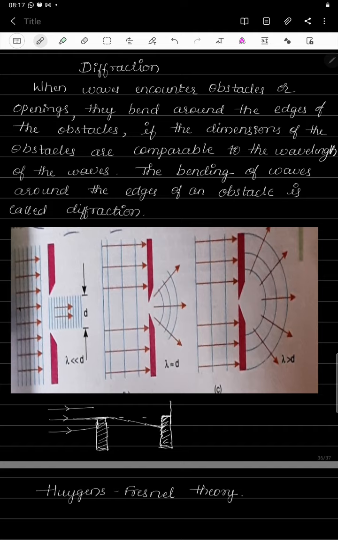Here the shadow will be of this much. The size of the shadow decreases because of the bending of light waves around the edge of the obstacle.